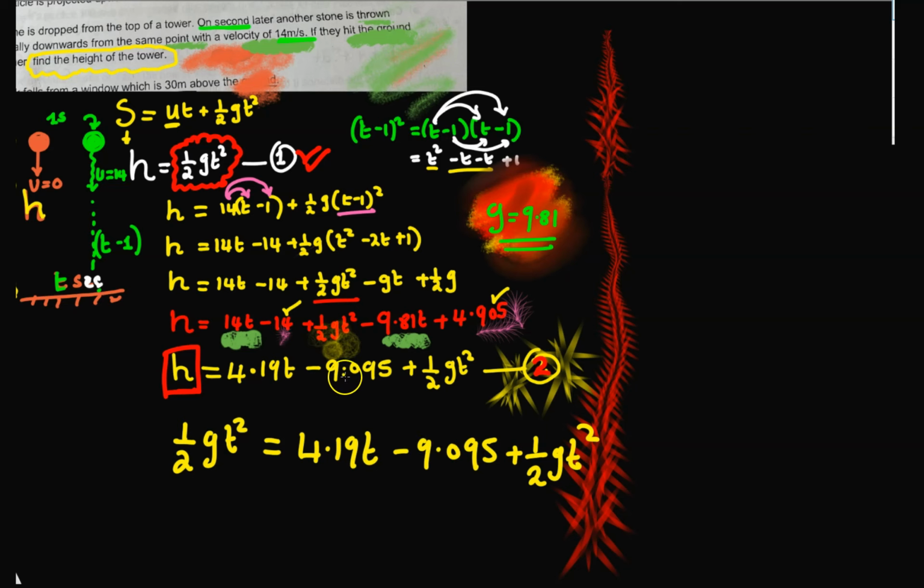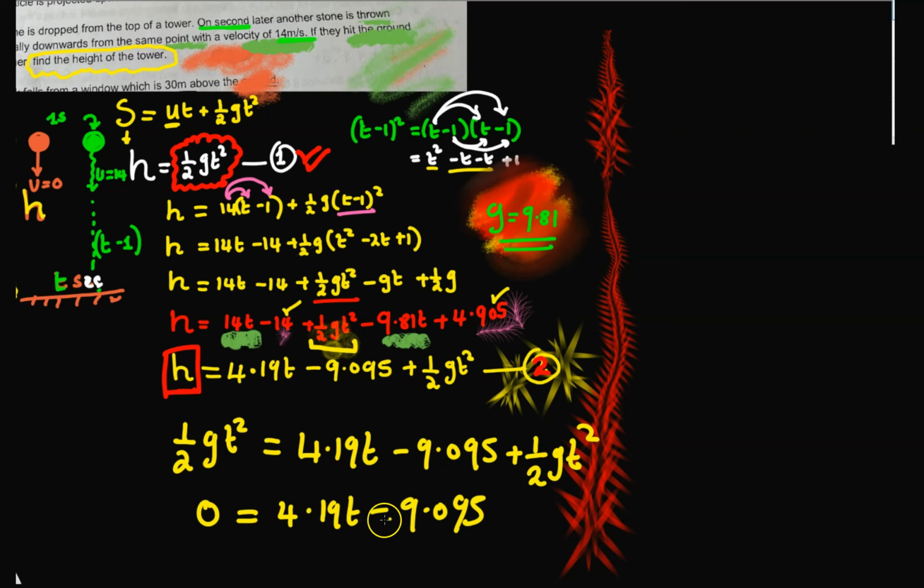Now that's why I told you at this point we are not going to deal with it the way it is. Just leave it. Don't substitute the value of g, because if we take this to the other side, we are going to realize that this guy here and this guy here will cancel out. Do you agree with me? So if we cancel that out, we remain with a simplified equation: 0 equals 4.19t minus 9.095.